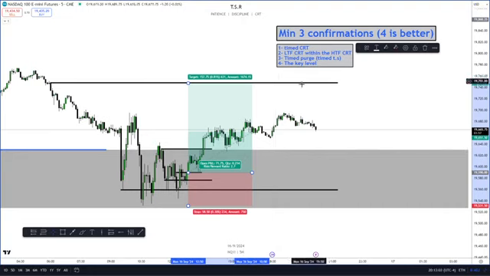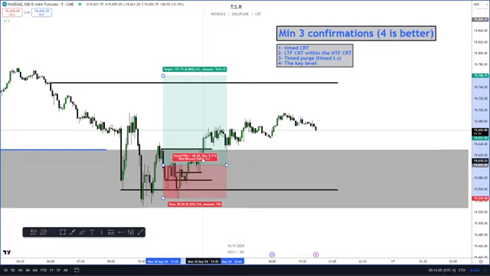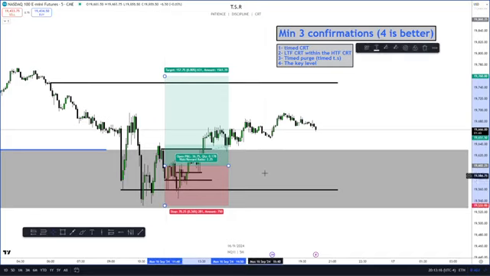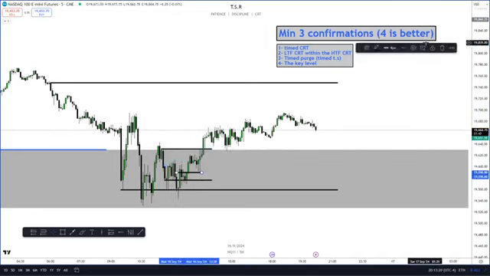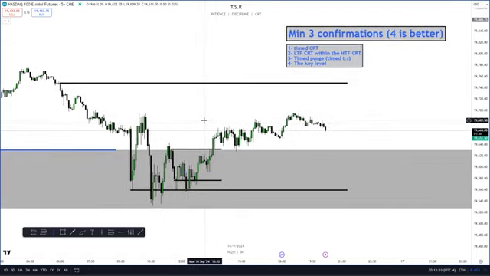Now, can you have entered off of this thinking this was the order block because we turtle souped the 15-minute CRT low? Of course. Now your stop loss would have been a little larger with a 2.25 R to R trade, but it is still very much acceptable. All right.